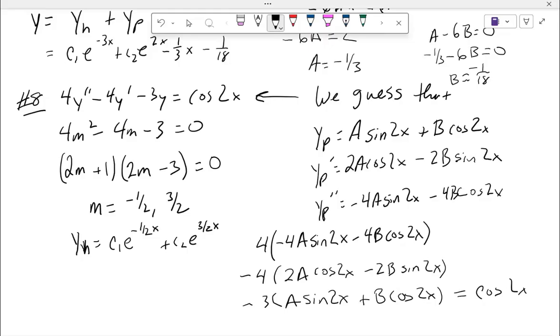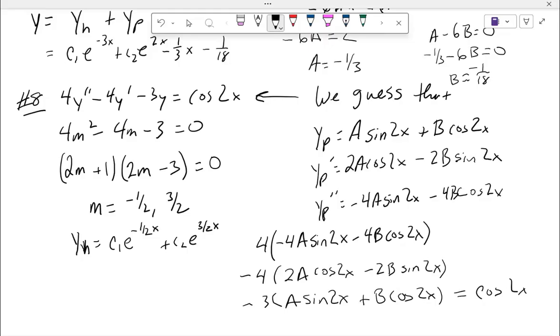Now let's look at where your coefficient is on the left-hand side. Let's look at this first thing that I wrote. What's your coefficient for the sine going to be? It will be negative 16a when I distribute it through, right? Look at this one.